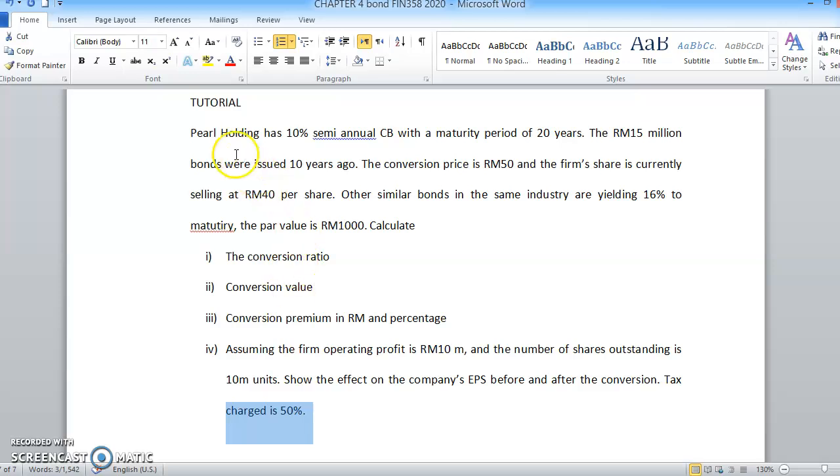So take a look at the first sentence of these questions. It is stated over here, Pearl Holdings has a 10% semi-annual convertible bond, right? So this is the interest being paid. Of course, this is also the interest which is being paid, right?